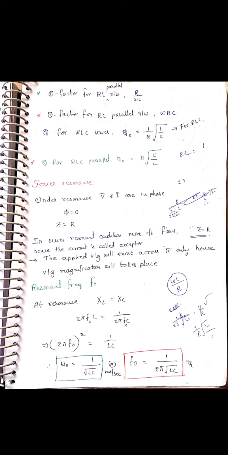If we simplify, we get the expression for parallel RL network as R by omega L, just the reverse of the series RL network.